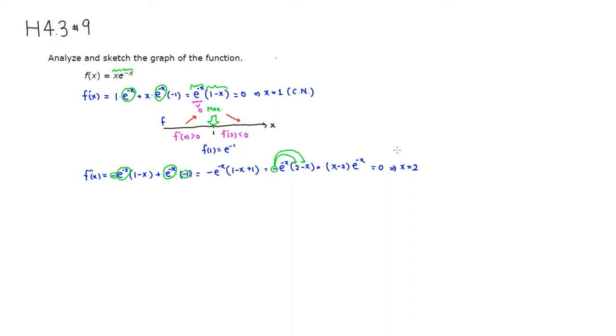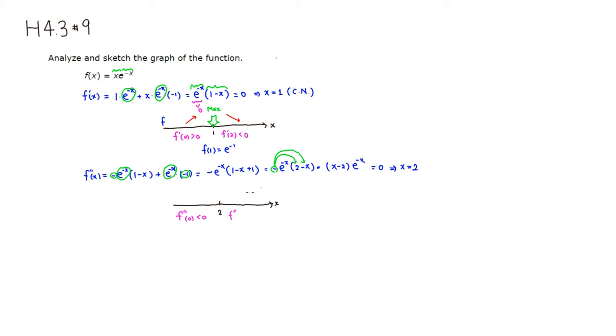So let's make sure that there's a concavity change at x equals 2. So here is x equals 2, and we just have to look at the sign of the second derivative. For anything less than 2, I'll try 0. If you plug in 0 here, it's -2, so it's going to be negative.